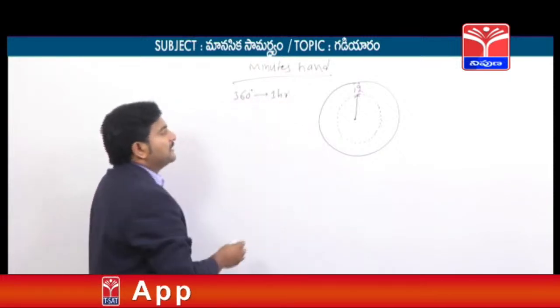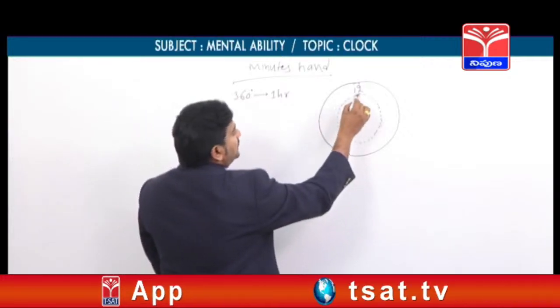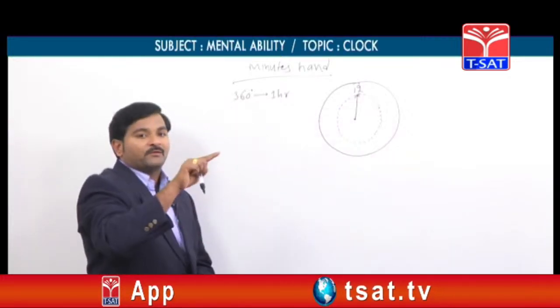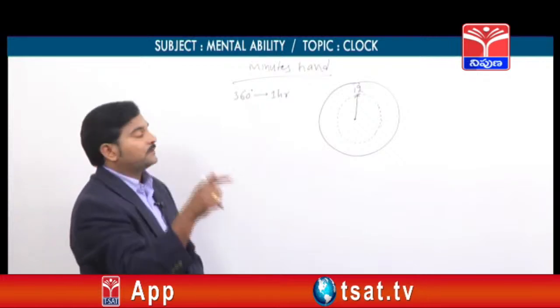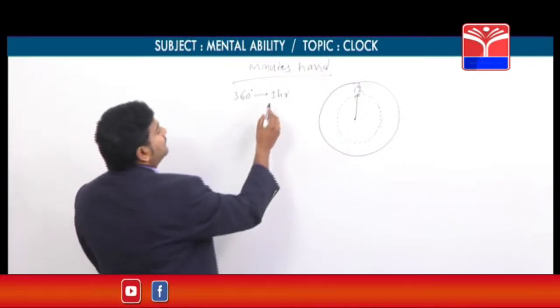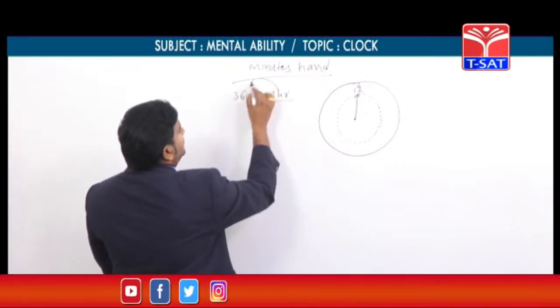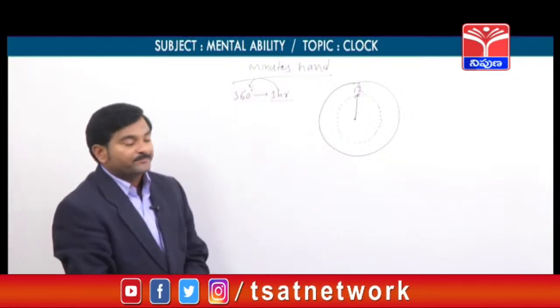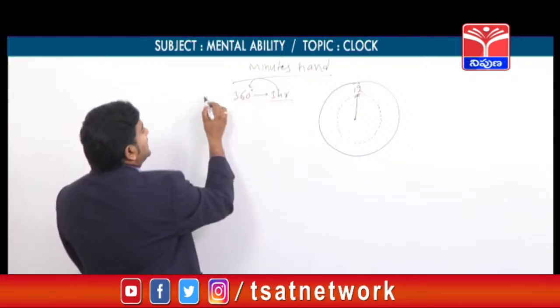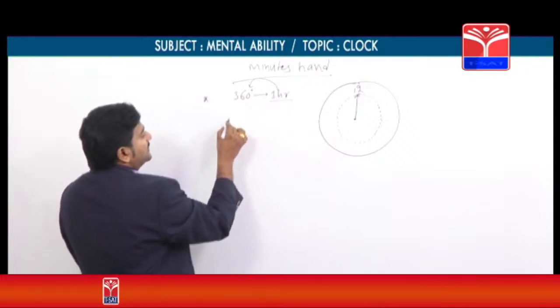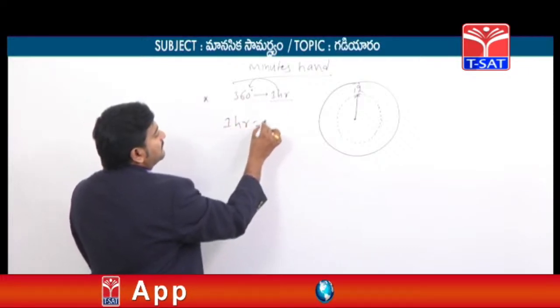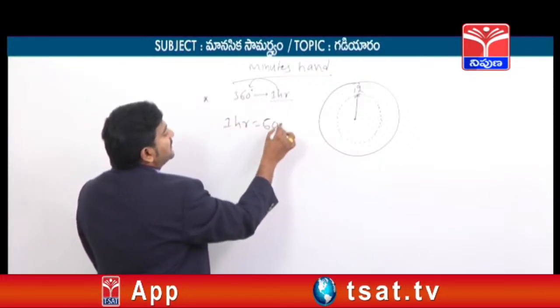Earlier the minute's hand is located at 12, and it comes again to 12. What does it mean? In the span of 1 hour, the minute's hand makes 360 degrees. We know 1 hour is equal to 60 minutes.